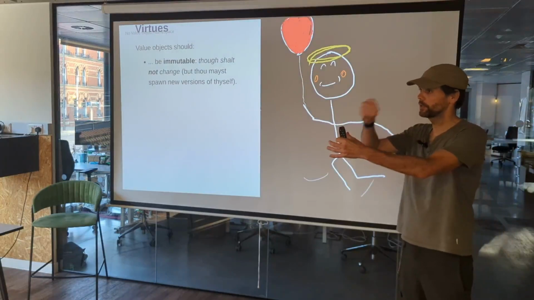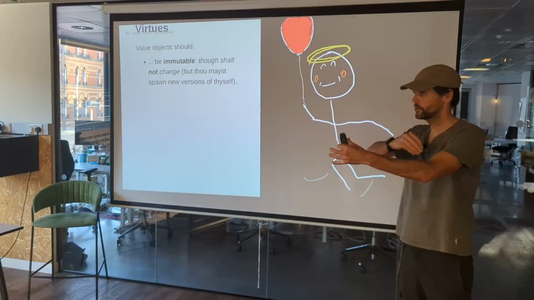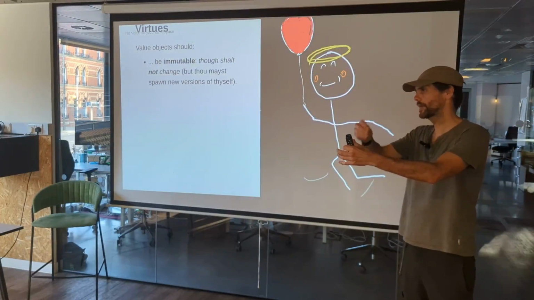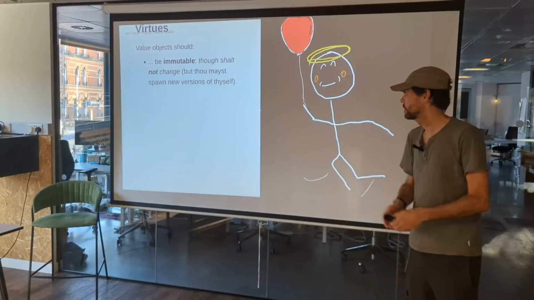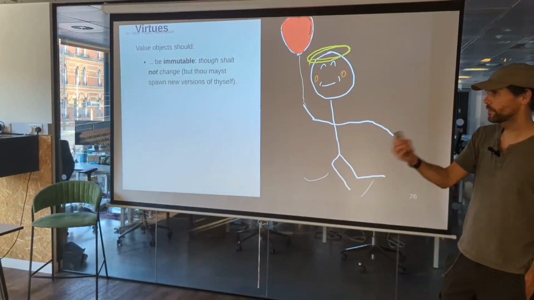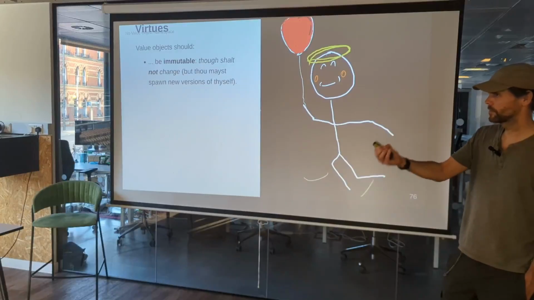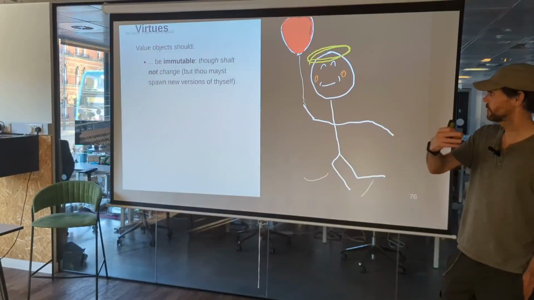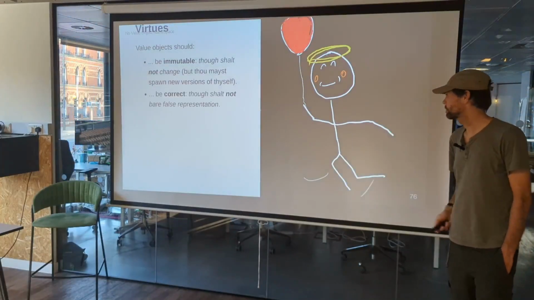What it's going to do is return a new version of itself, a new instance, which is 8, right? So you can spawn new versions of value objects, and that's fine.